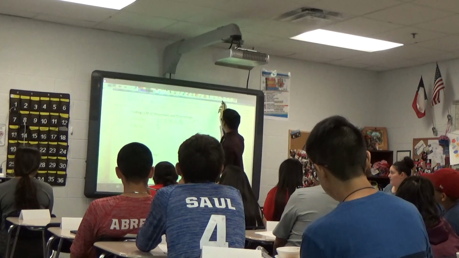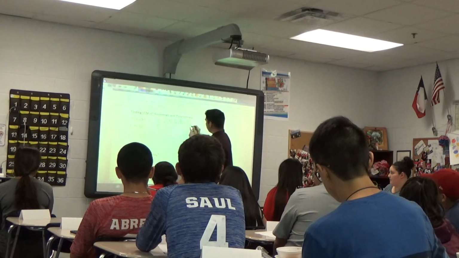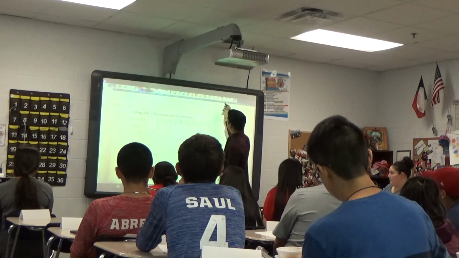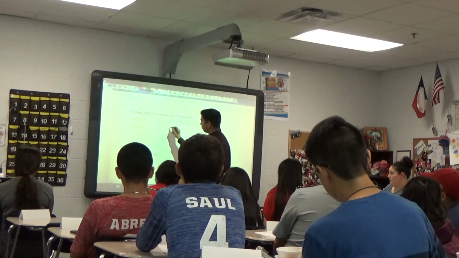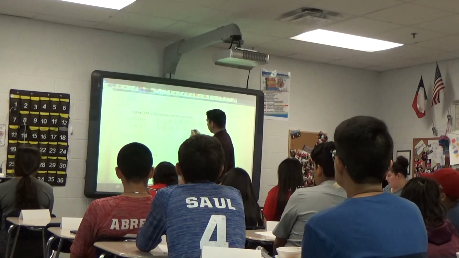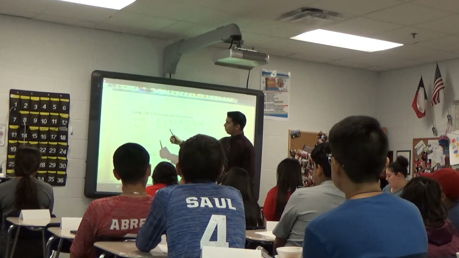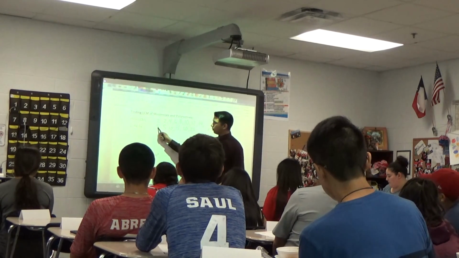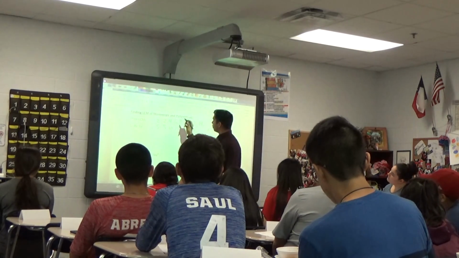I should probably write it down. 8, 10, 12, 14, so on and so forth. Multiples of 5: 5, 10, 15, 20, 25, so on and so forth. The least common multiple of 2 and 5 would be what? Would be 10.